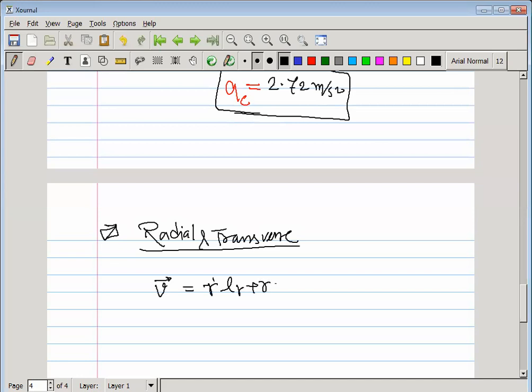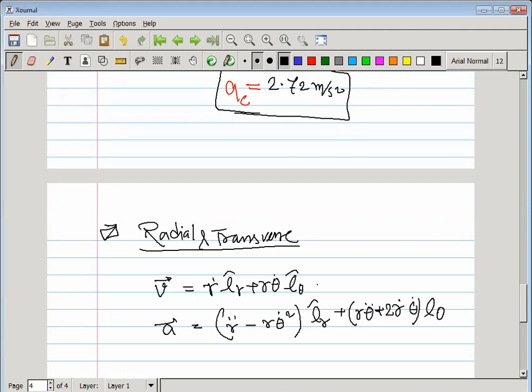So we already found how to get the velocity components, that is r dot er, the unit vector, and r theta dot e theta. Two things are there. And similarly for acceleration, r double dot minus r theta dot square er plus r theta double dot plus 2 r dot theta dot e theta.